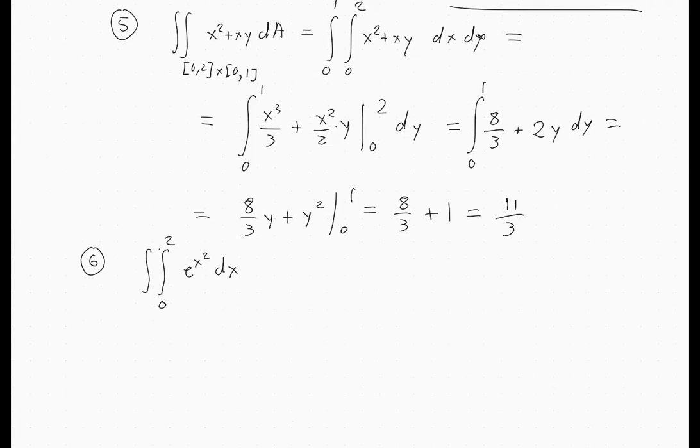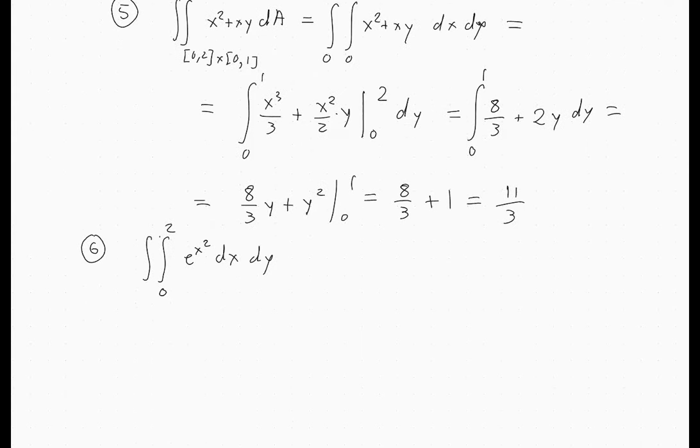Okay, so we want to compute this integral. And the problem is that this is a double iterated integral, and if we try to do the inner integration, then unfortunately, we will realize that it simply doesn't work.